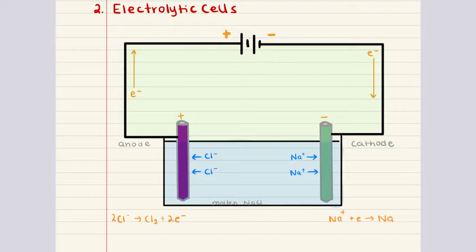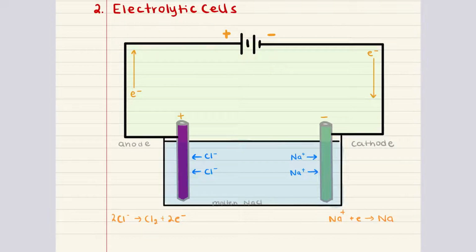This is where oxidation occurs, meaning that electrons are removed from the species at the anode. And despite being positively charged, it's still the site of oxidation. Now, the cathode is the negative electrode where reduction occurs. Electrons are supplied to the species at the cathode, enabling reduction reactions.